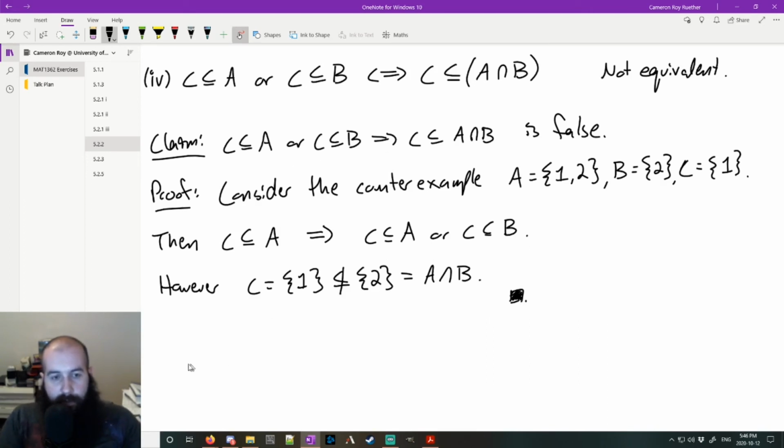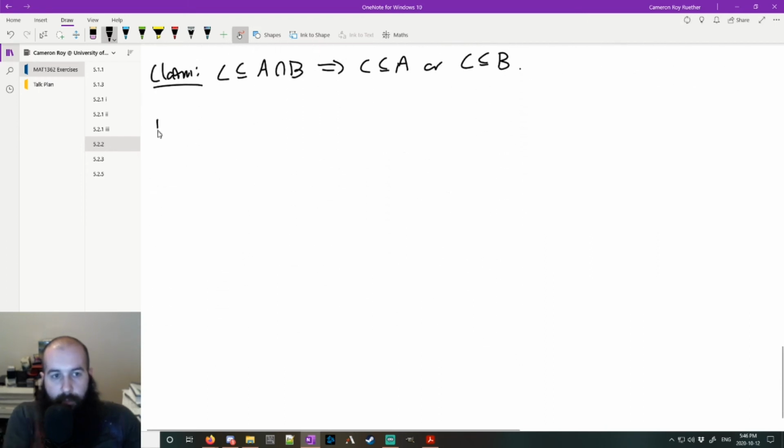However, the converse now does hold. So the fact that C is a subset of the intersection does imply that C is a subset of A, or that C is a subset of B. And for our proof, we will simply use case 3 above.